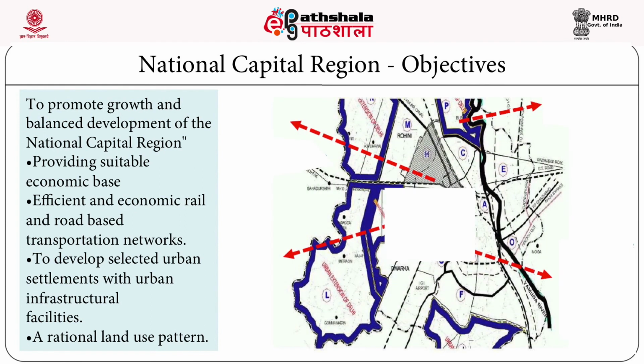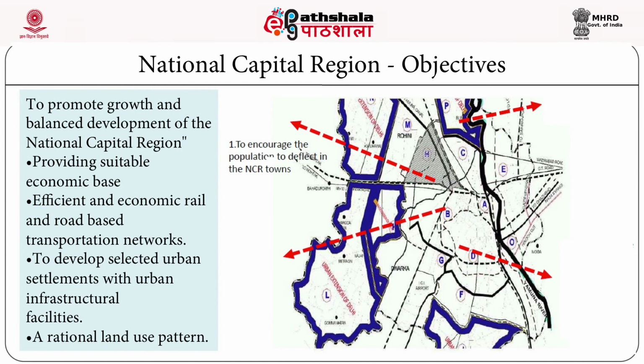This drawing shows how these objectives were proposed to be realized. The first is to encourage the population to deflect, as I said, planned decentralization. So to encourage the population to deflect to the NCR towns, counter magnet towns had been proposed as part of the regional plan.